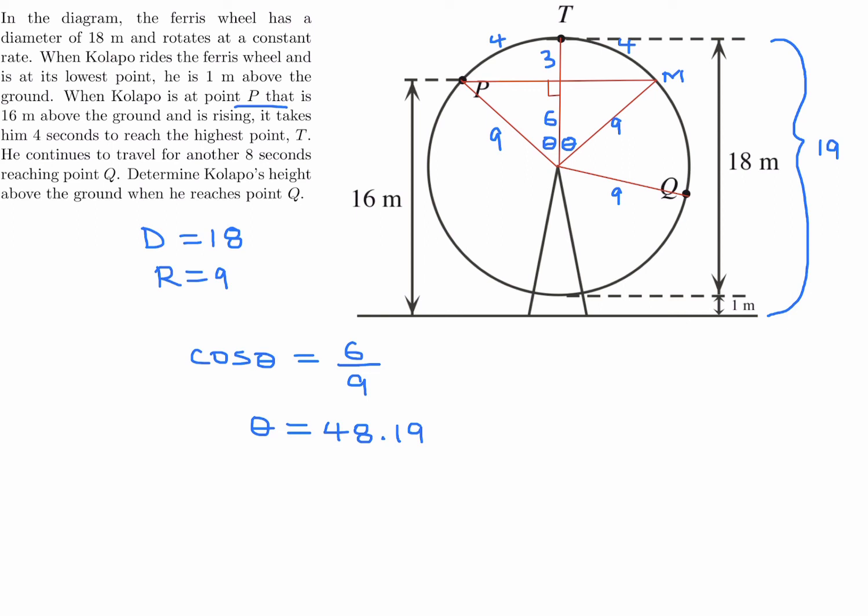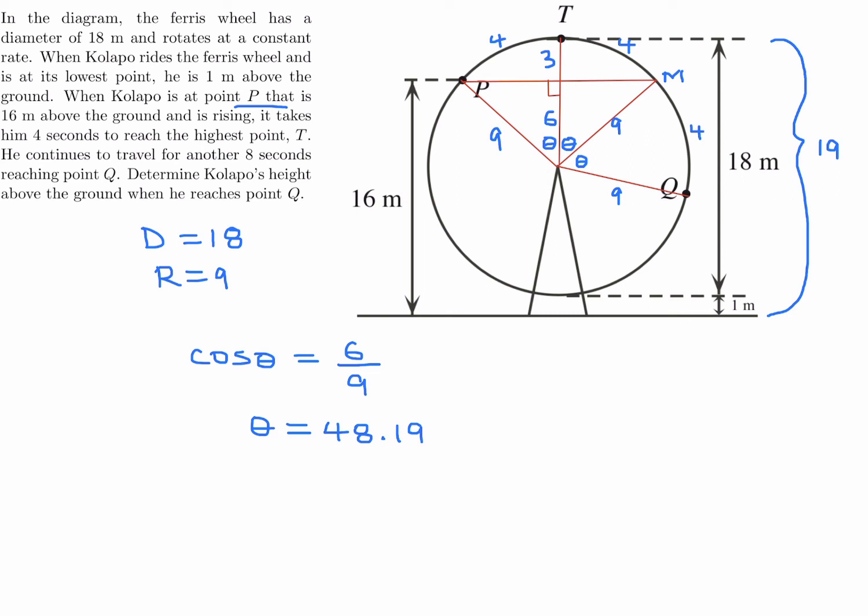But then it takes him 8 seconds to go from T to Q. So from T to Q, it takes him 8 seconds. But it takes 4 to go from here to there, so another 4 to go from M to Q, like that. Okay? So since the distance that he's traveling takes the same amount of time, that angle must be the same. So that means that's theta as well.